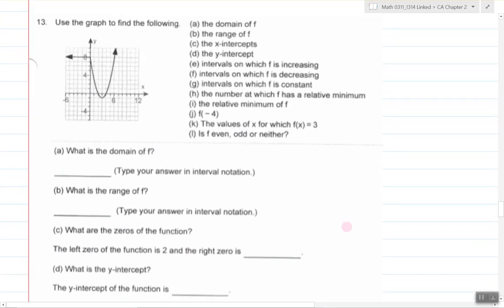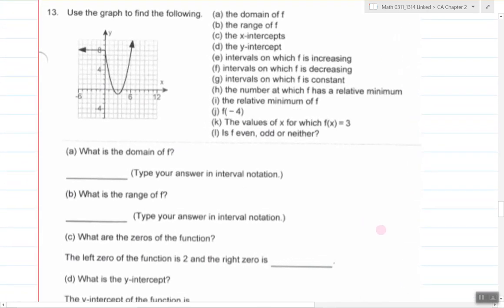All right, looking at this function, and it does pass the vertical line test, so it is indeed a function. The first thing it says is, what is the domain? Now the domain is the smallest x to the largest x. And this is from negative infinity toward positive infinity. So that's its domain.